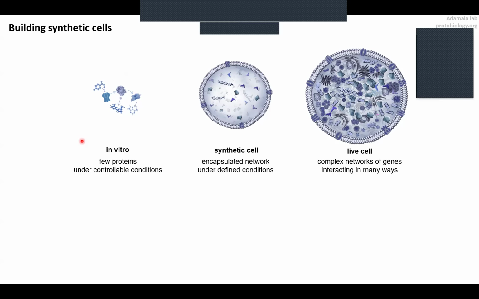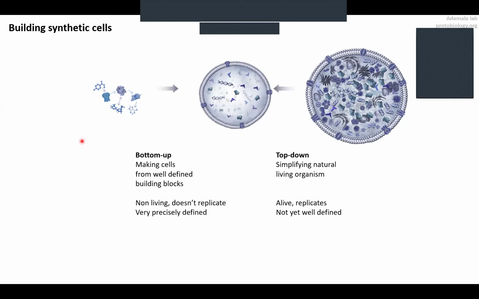But in order to make that synthetic cell, you can kind of imagine taking those two different approaches. One is you go bottom up. So this is the bottom, purified molecules, and then you go up, which means you're building up complexity. Or you can go the so-called top down, where you take this very complex system that's undeniably alive, but we don't understand it, and we try to strip it to its elemental parts until it becomes clear, simple, and understandable.